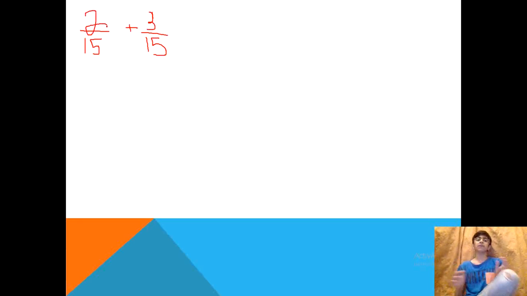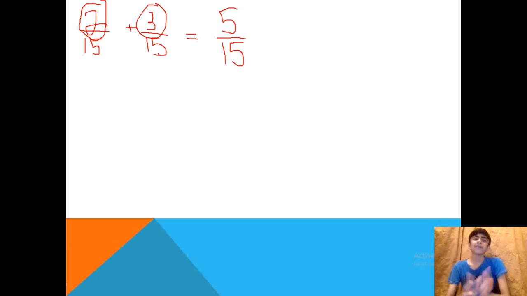So now we have the equation 2 over 15 plus 3 over 15, and we have to find the answer. As I told you before, we only have to deal with the numerators. We don't even have to look at the denominators because it doesn't matter to us in like fractions. The only thing we have to deal with are the numerators, which in this case are 2 and 3.